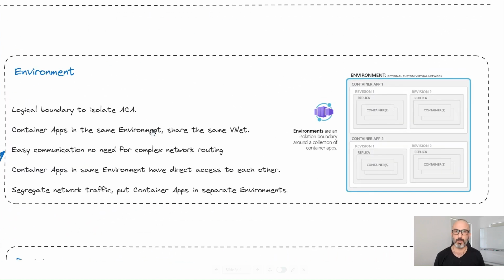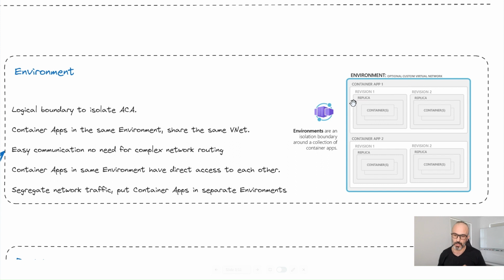Next, we'll talk about the concept of environment. In Azure Container Apps, we use a concept called environment, which is a logical boundary to isolate our container apps. As you can see, this is our environment. The idea is that container apps within the same environment actually share the same Azure Virtual Network, VNet.